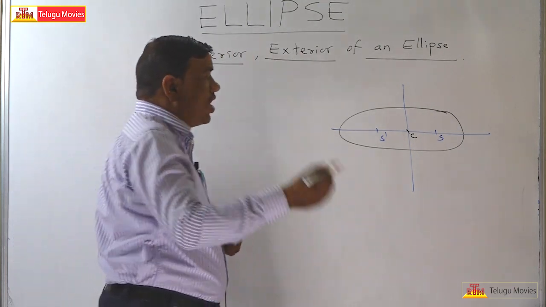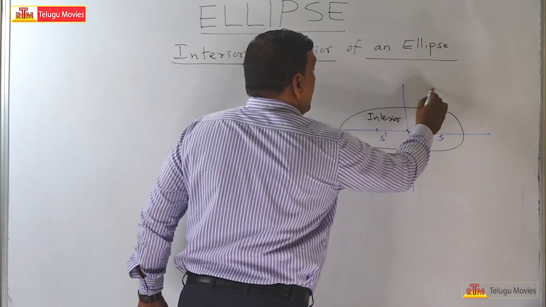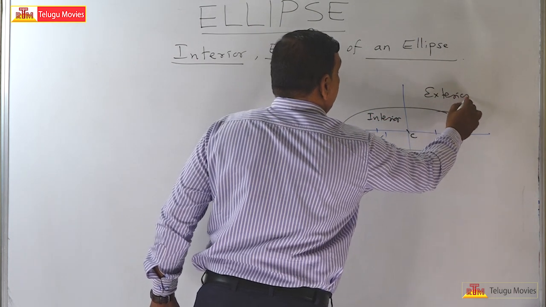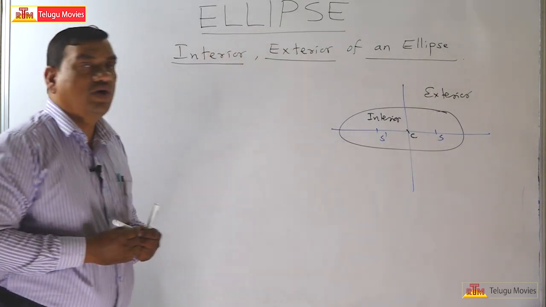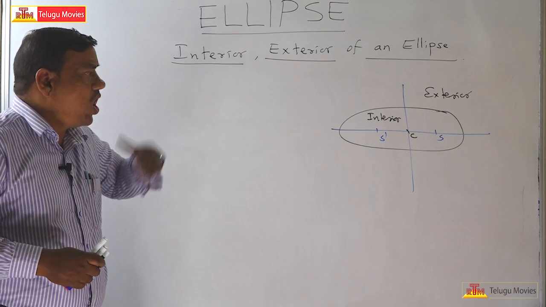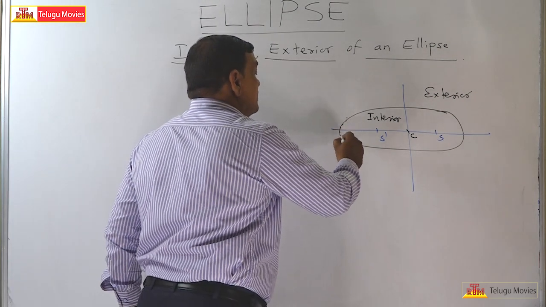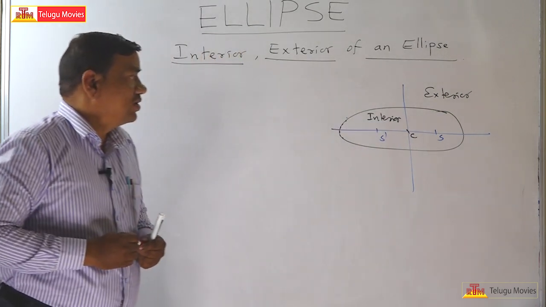The opposite of that is the exterior. This is the interior and this is the exterior of the ellipse. Whatever is not interior is called exterior. A point which lies on the ellipse is called on the ellipse.